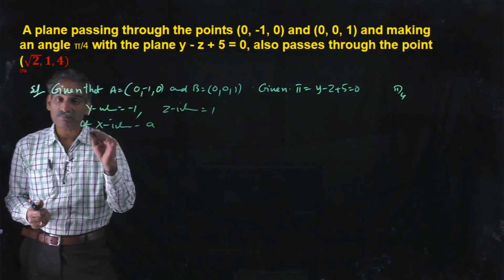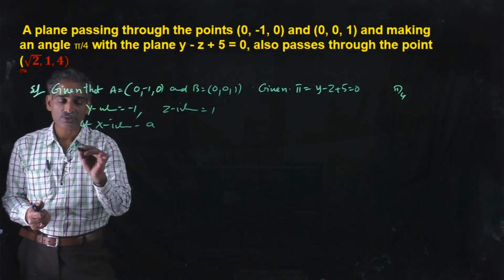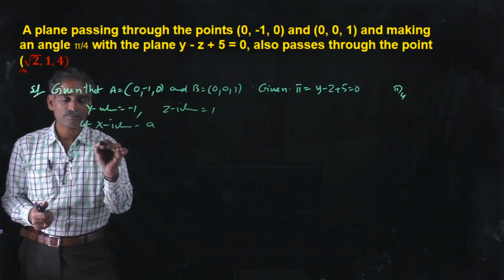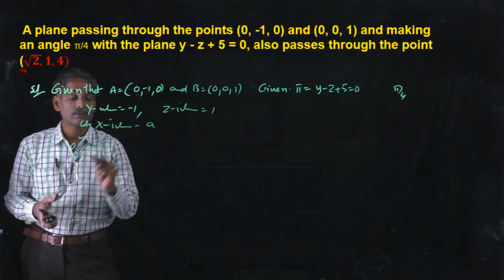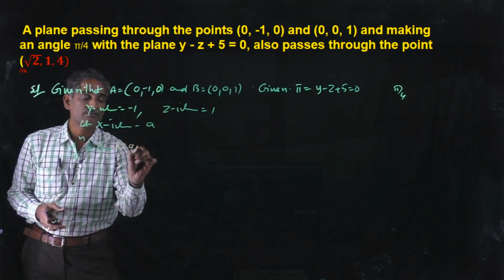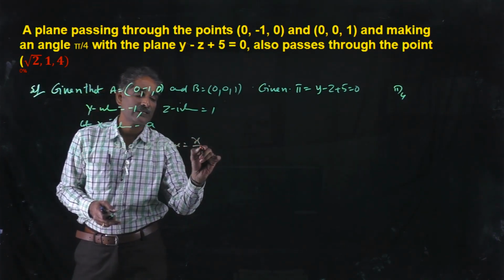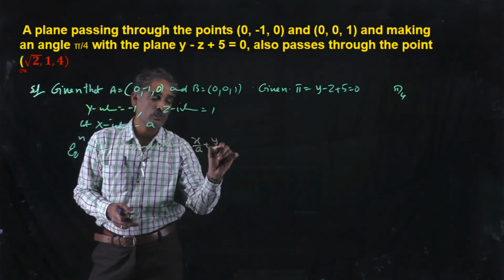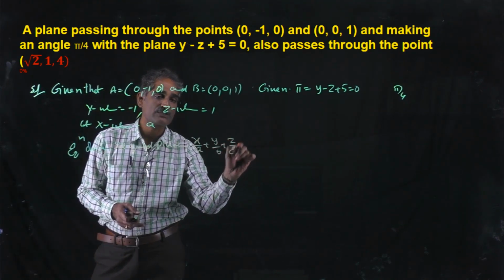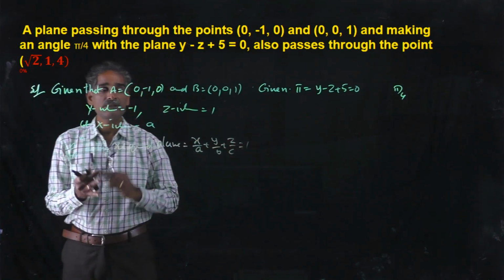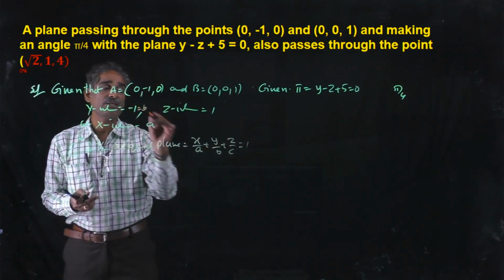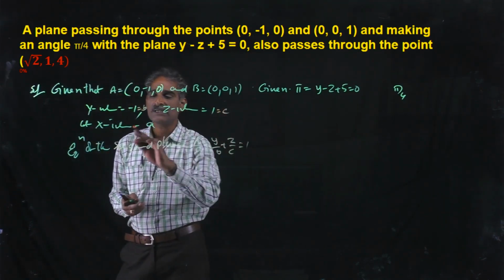Then the equation of the required plane is x/a + y/b + z/c = 1. Here let the y-intercept be b, the z-intercept c, and the x-intercept a.